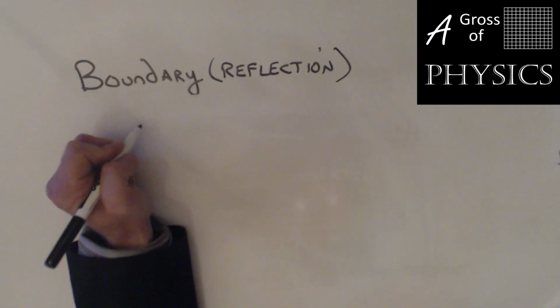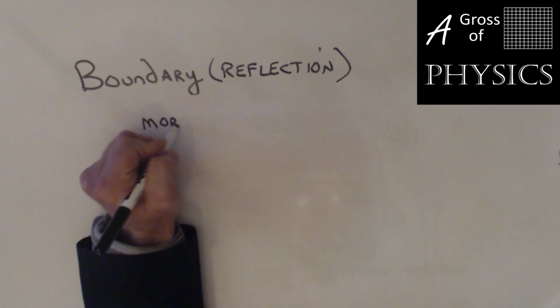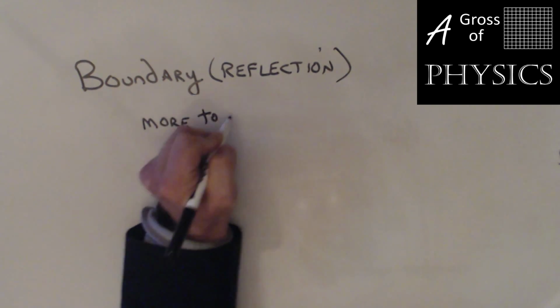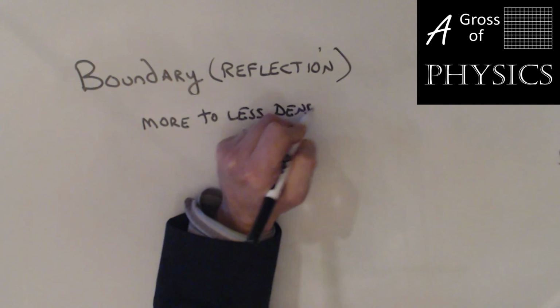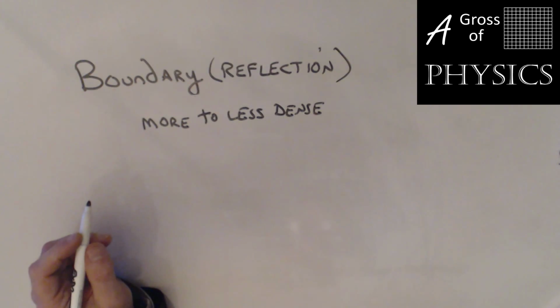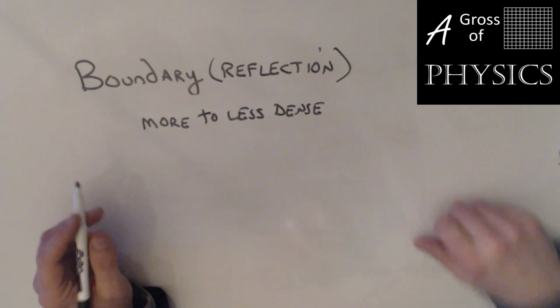All right, on the other hand, waves can go from a more to a less dense material. Three things happen at every boundary. We have reflection, refraction, and absorption.